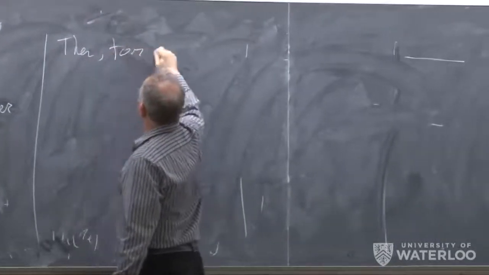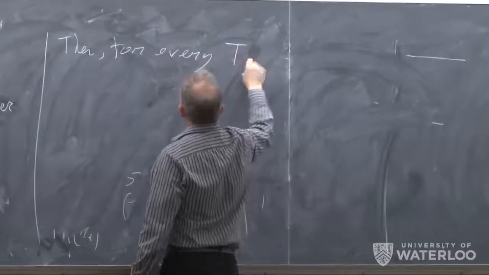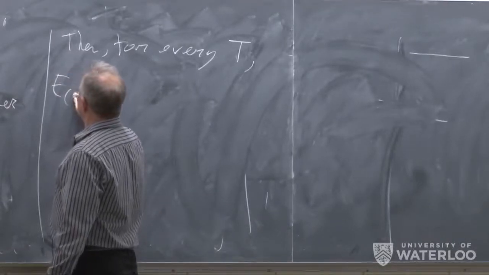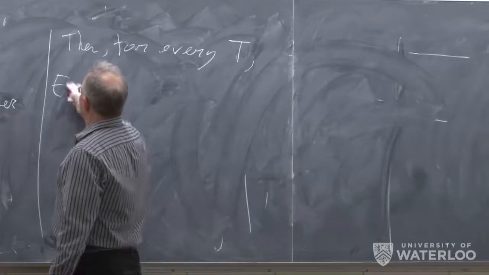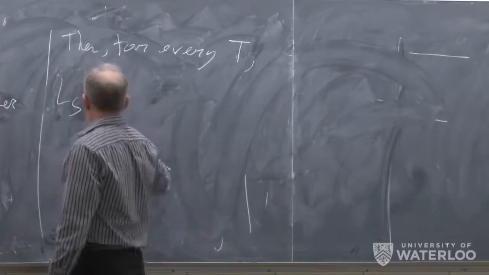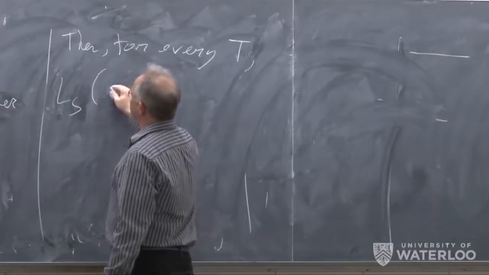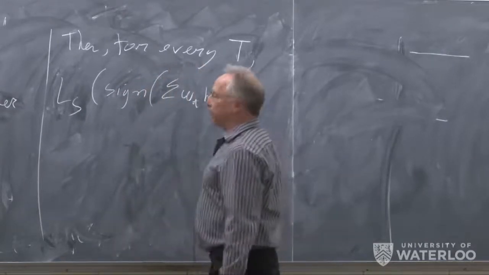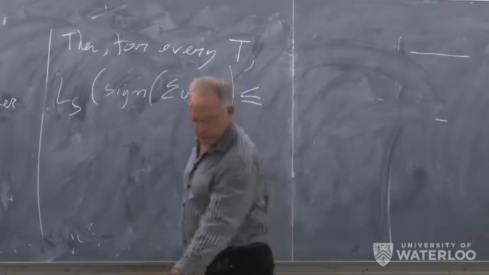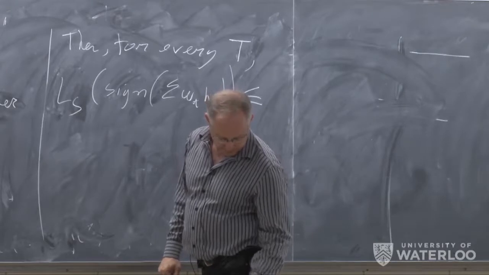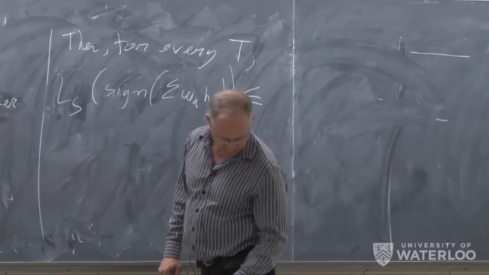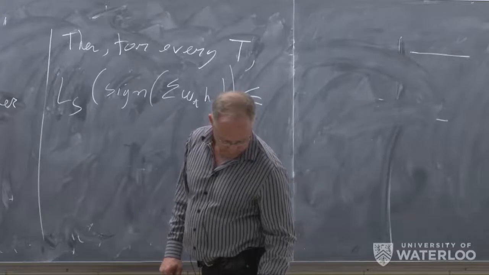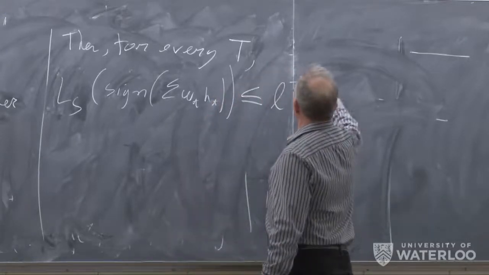for every number of iterations t, I will get that the error on the sample, the L_S of the end result, sign of sum of w_t h_t, that the algorithm will give me, is at most e to the minus 2 gamma squared t.